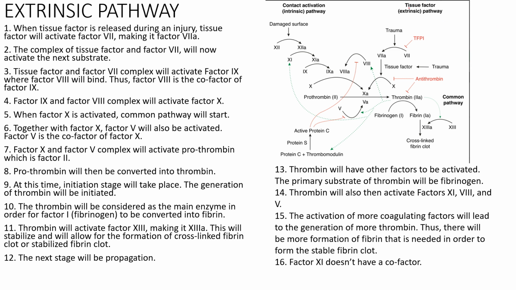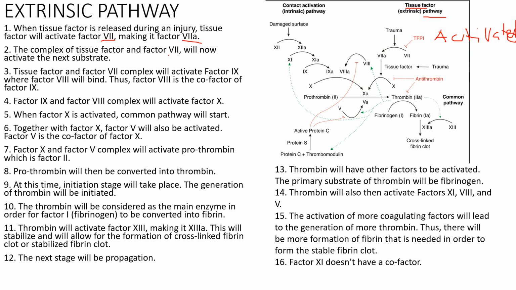Now the extrinsic pathway is also known as your tissue factor pathway. The reason it's known as your tissue factor pathway is because it is activated when there's tissue injury, which will lead to your factor 3 or your tissue factor to activate factor 7, making it activated factor 7.